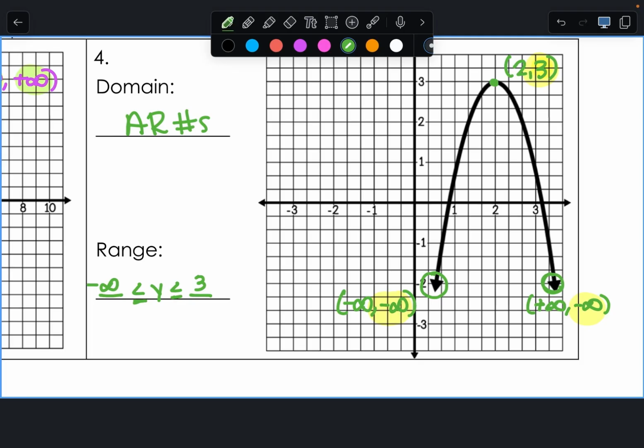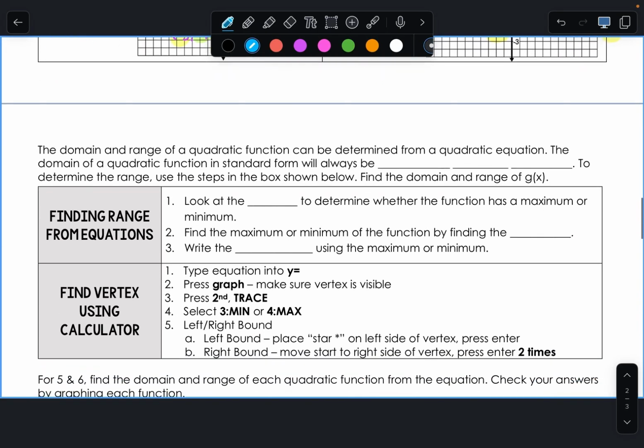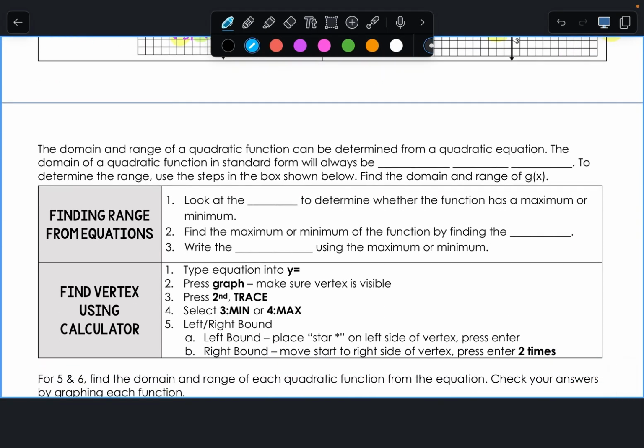So you only keep the side with the number. You don't have to flip it because the y is already in front once you get rid of that infinity. It's not that bad. So finding the range from an equation, okay? Finding the range from the equation. Look at the a value.